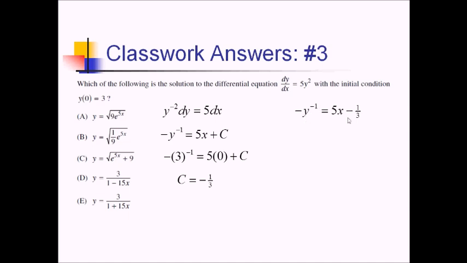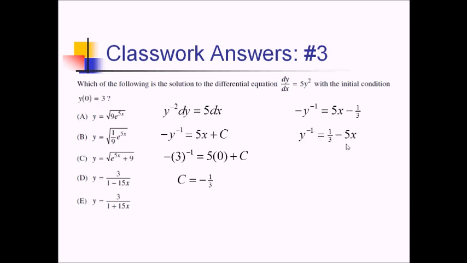If I multiply both sides by negative 1, I can write this as negative 5x plus 1/3 or 1/3 minus 5x, either of those. And then if I raise both sides to the negative 1 to get rid of this negative 1, that's going to end up giving me 1 over all of this stuff down here. Now, I don't see anything that looks like that in the answer choices, so before I actually take the reciprocal of both sides, I'm going to merge this into one big fraction.